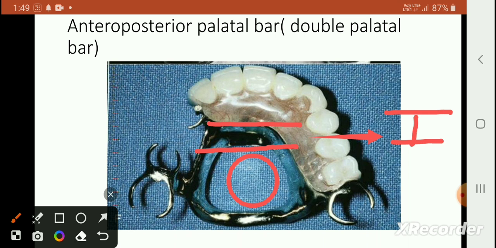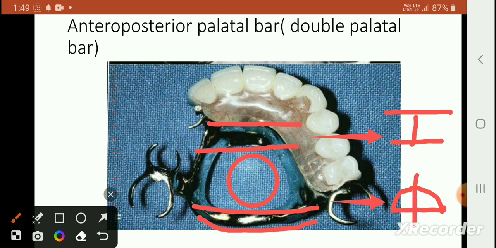And this is the posterior bar. The posterior bar is a half oval, like a single palatal bar, with the thickest point at the center.